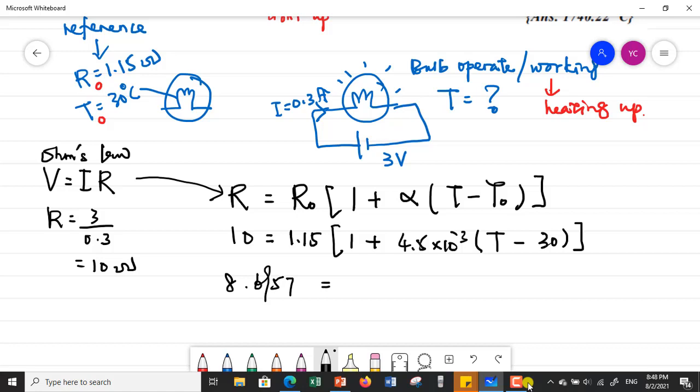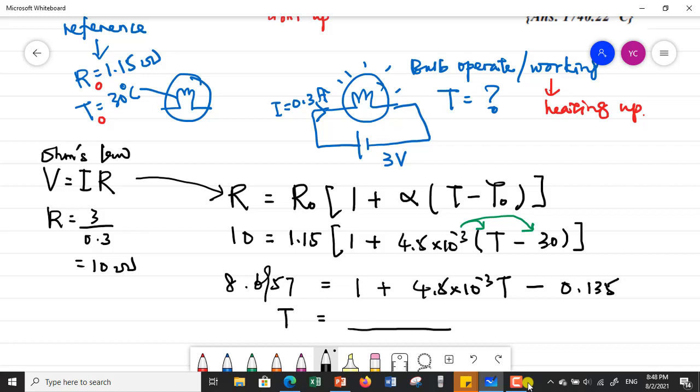I get 8.6957. On the other side I'm going to have 1 plus, so I multiply in the value. I get 4.5 to the power of negative 3 T minus 0.135. Then it becomes a simpler mathematics problem for you to solve. Solve it and you will get the operating or working temperature.